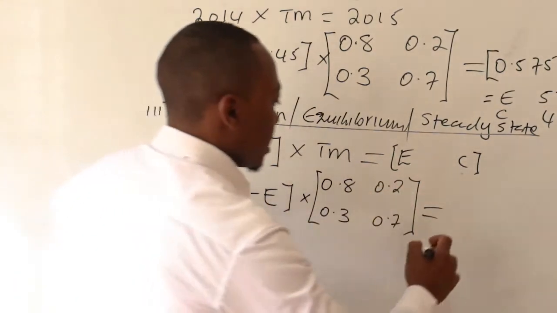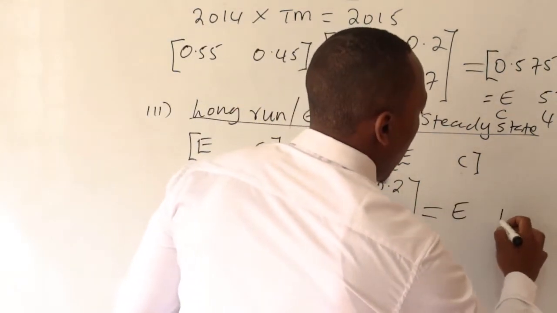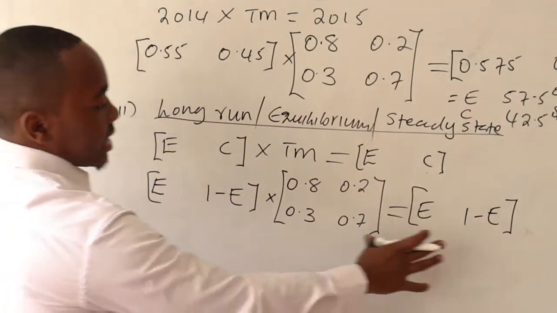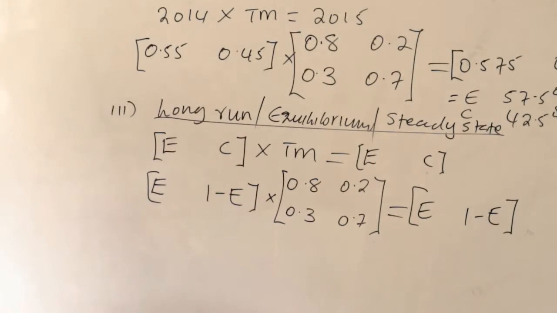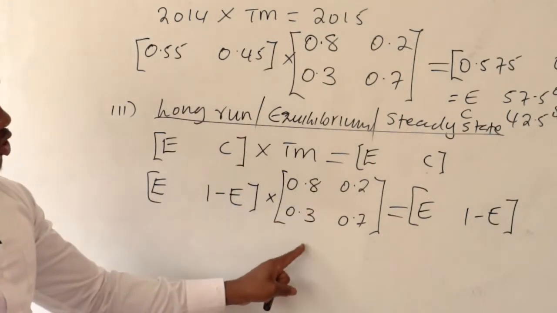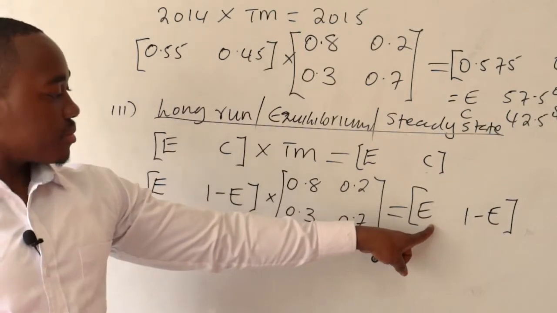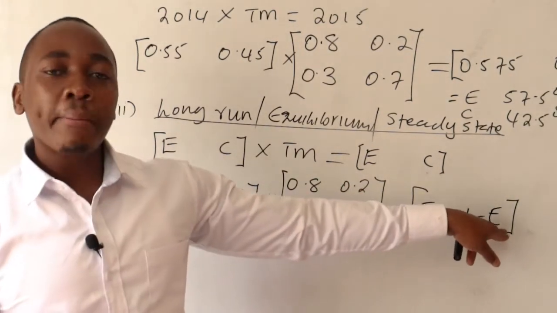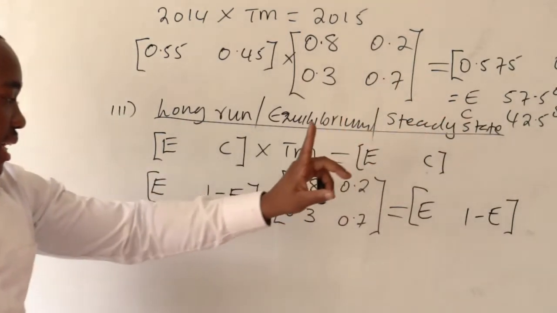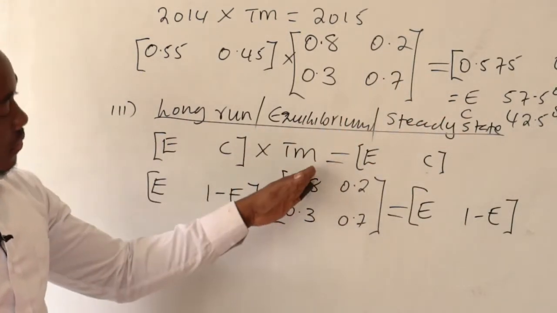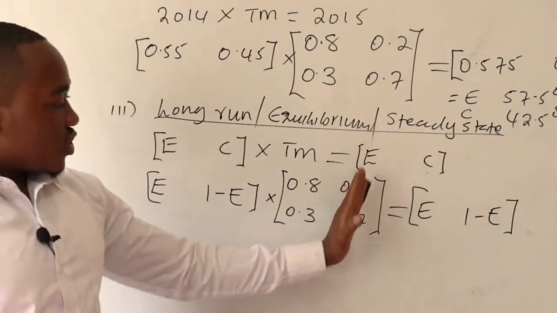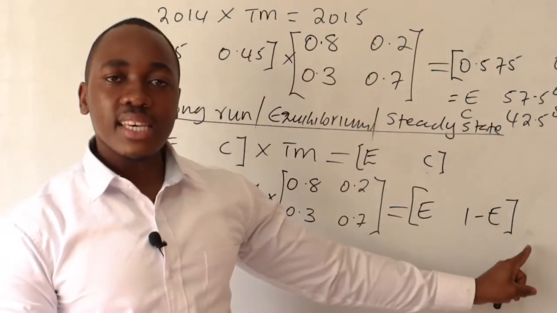So this one will still be E, 1 minus E. From there, how do we get that? First row, first column, you get E. First row, second column, you get 1 minus E. So I repeat again, first row, first column, you should get E. First row, second column, you get 1 minus E.